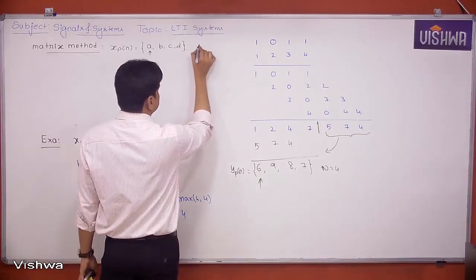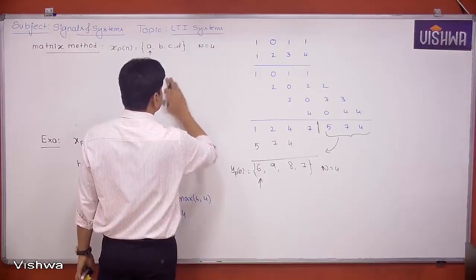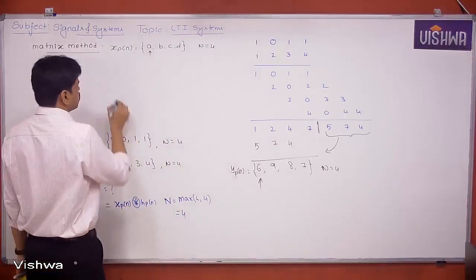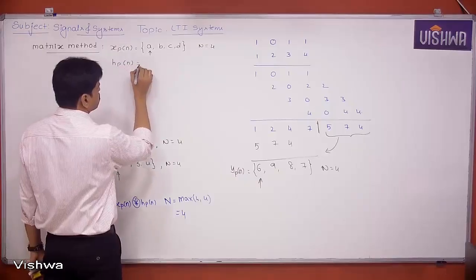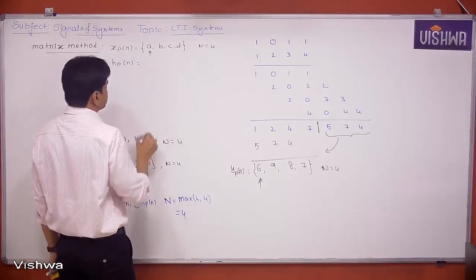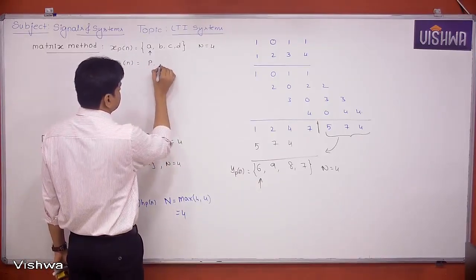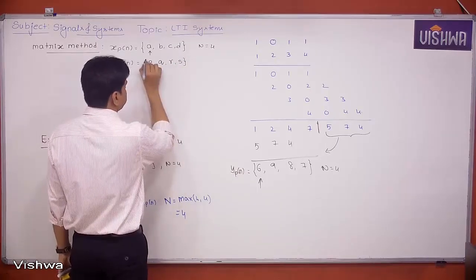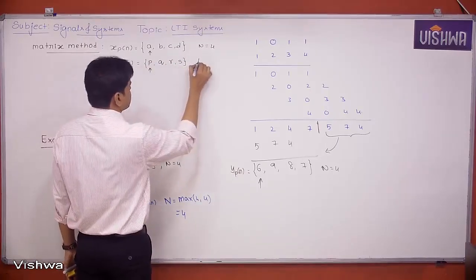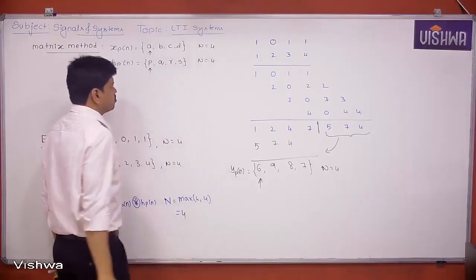Let's say n is equal to 4, the period of the signal is 4. hp of n is p, q, r, s. This is also periodic with 4.